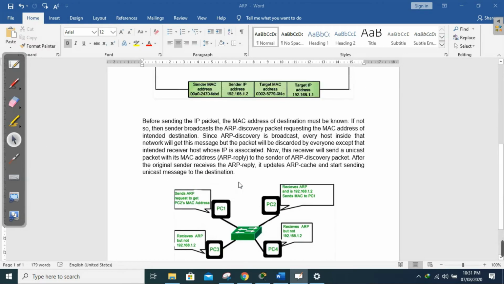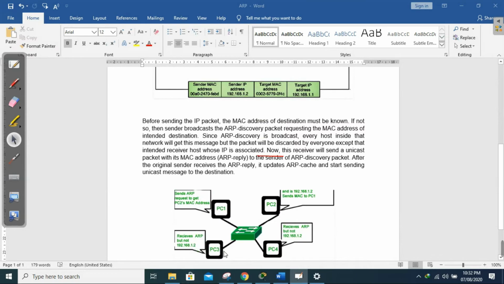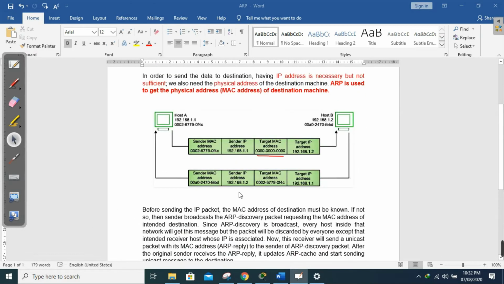Okay, so let me move into this part again. Here I have already described that host A is sending a packet. It knows the sender MAC address and the sender IP address. It doesn't know the destination MAC address, so it puts all zeros there, and it knows the destination IP address, so that's why there is a value. Then the broadcasting part occurs: it sends the packet to all possible destinations.